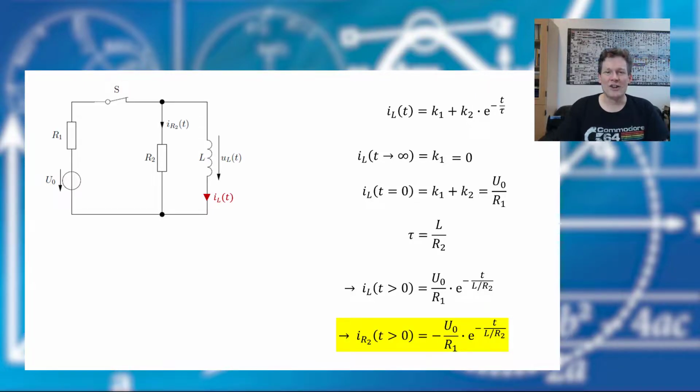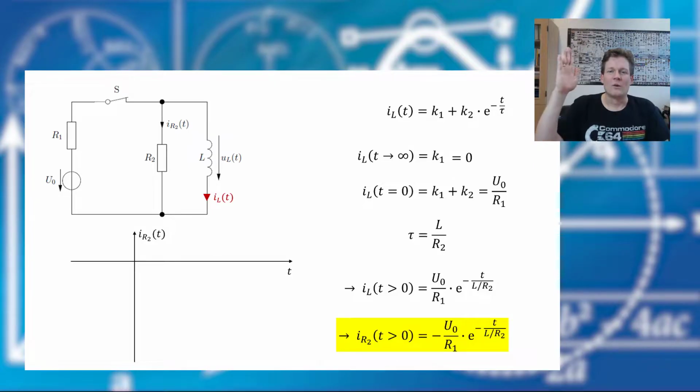Okay, let's draw that. When the switch was still closed, the inductor behaved like a short circuit, and therefore all the current coming from the source flowed through the inductor. That means the current in the resistor was 0. After opening the switch, the current from the inductor had to look for another path, found it in the resistor, and flowed in a circle through the resistor.